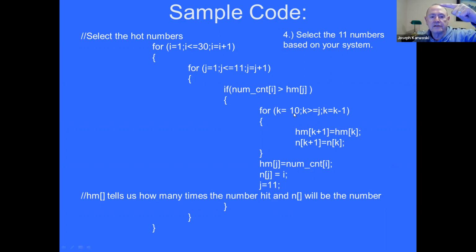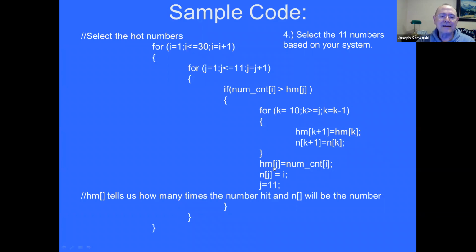It's going to come down here and it's going to actually move everything else down. It's going to start at the bottom, at the 10th, put the 10th in the 11th, the 9th in the 10th, 8th in the 9th, boom, boom, boom, all the way up till it gets to that first slot. And then it's going to replace that slot with HM sub CNT. So that's going to be whatever, the number 1.